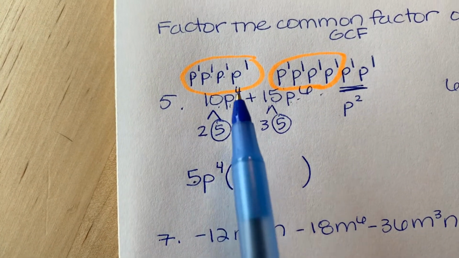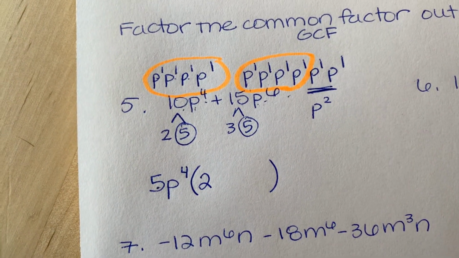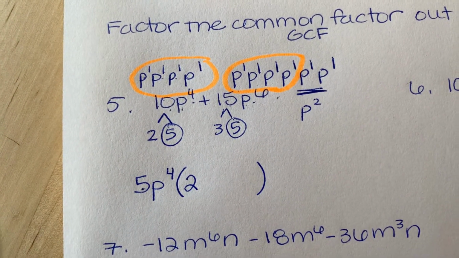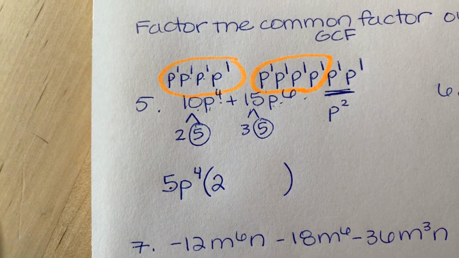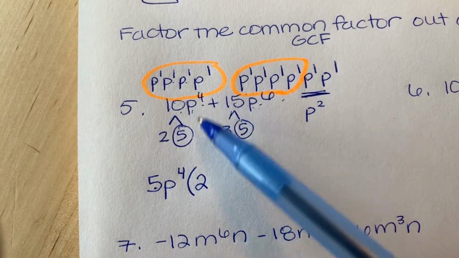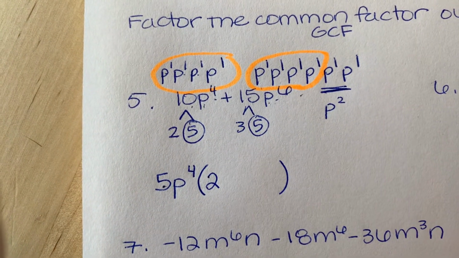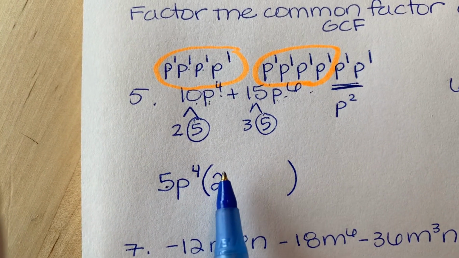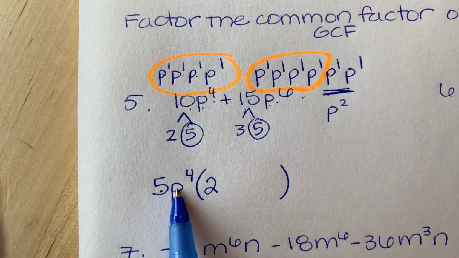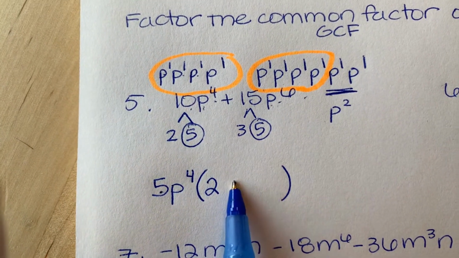P to the 4, well, now remember, when you are multiplying, you're adding. When you're dividing, you're subtracting when you're dealing with exponent rules, okay? So if I'm taking 4 out, what is 4 minus 4? 0. And so all that I'm left with is just 2. And now check it. 2 times 5, p to the 4th, is 10 p to the 4th. Perfect.